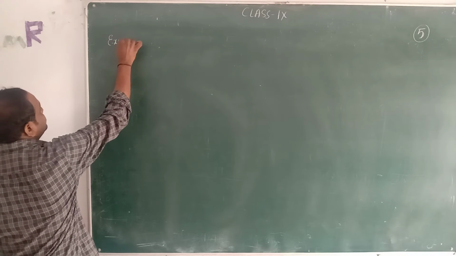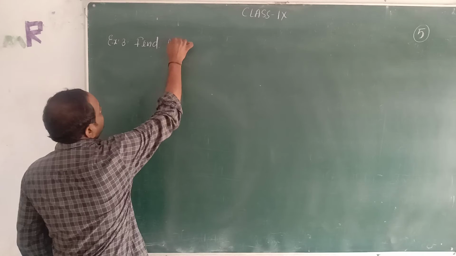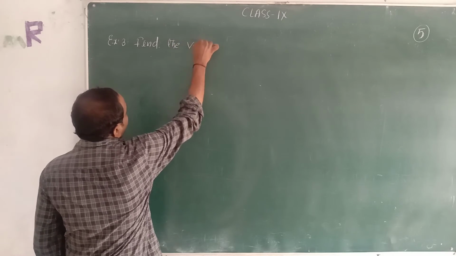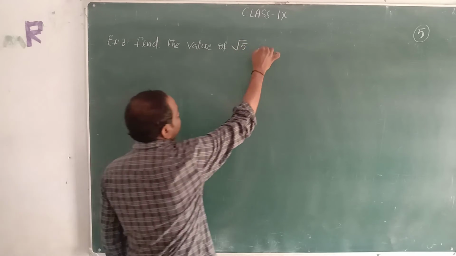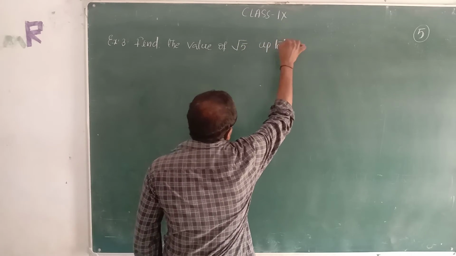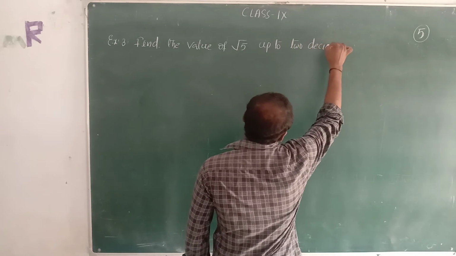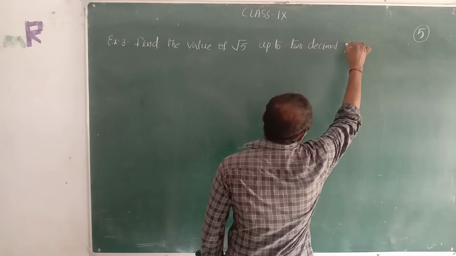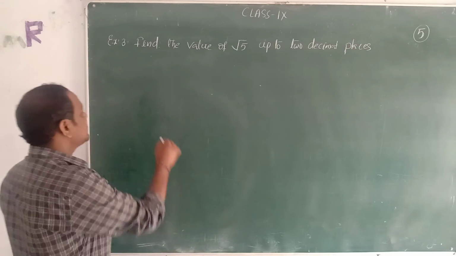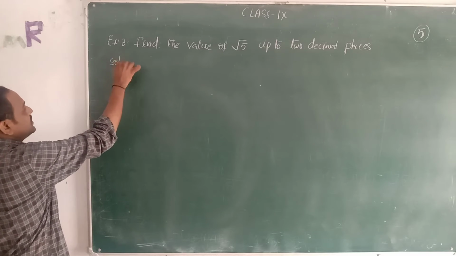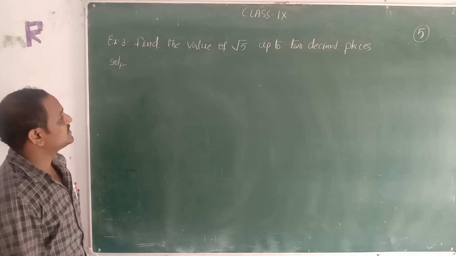Example 3: Find the value of root 5 up to 2 decimal places. Up to 2 decimal places. I will give you 3 or 4 minutes for that. Okay.